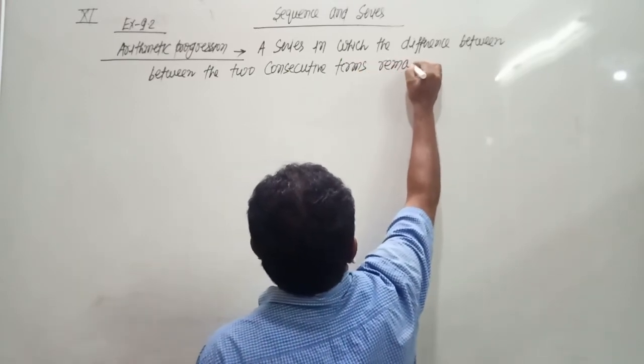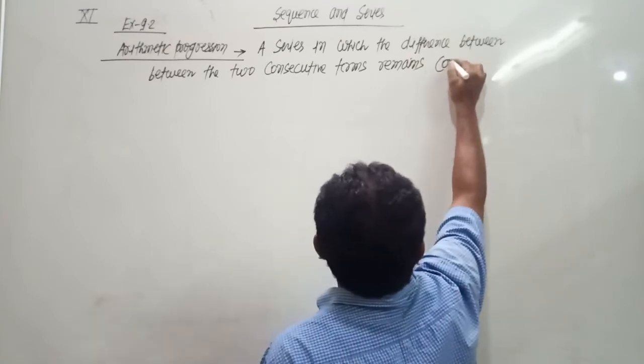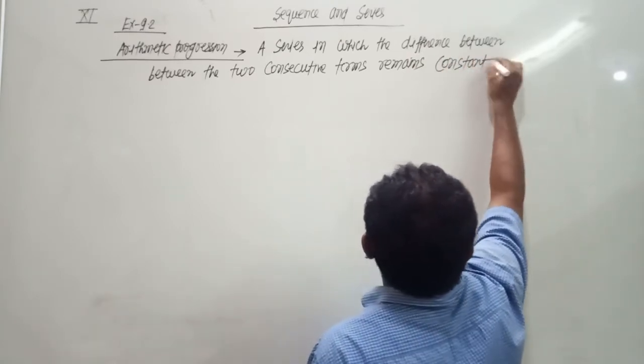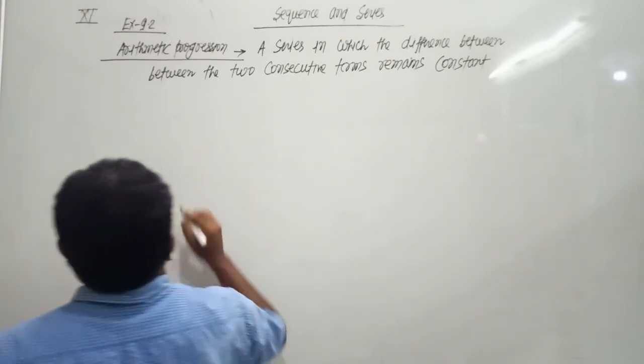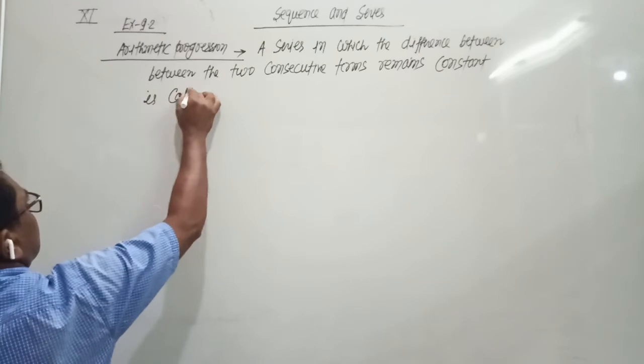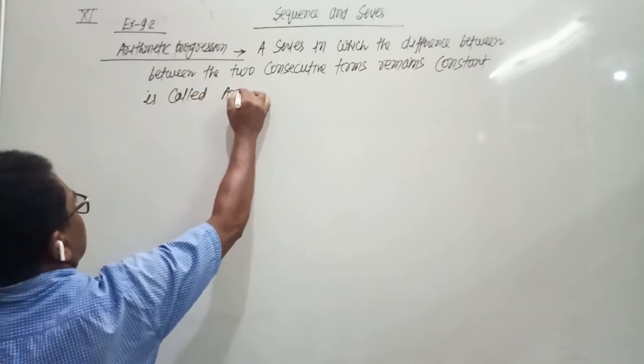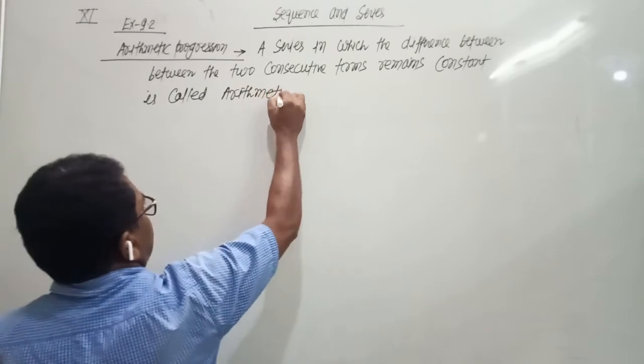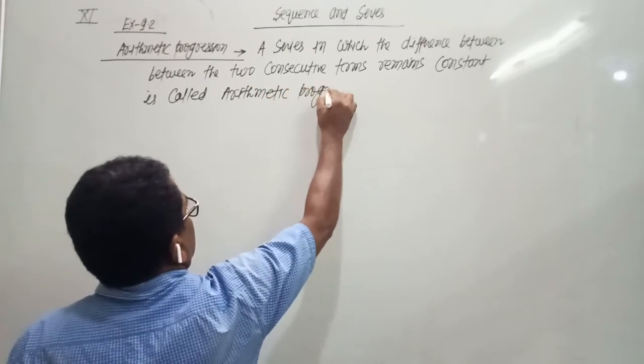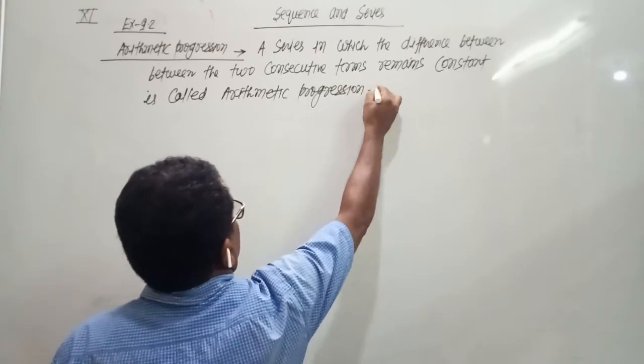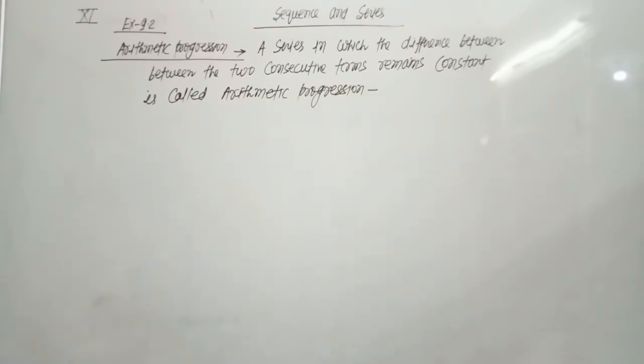This is the definition about arithmetic progression: a series in which the difference between two consecutive terms remains constant is called arithmetic progression.